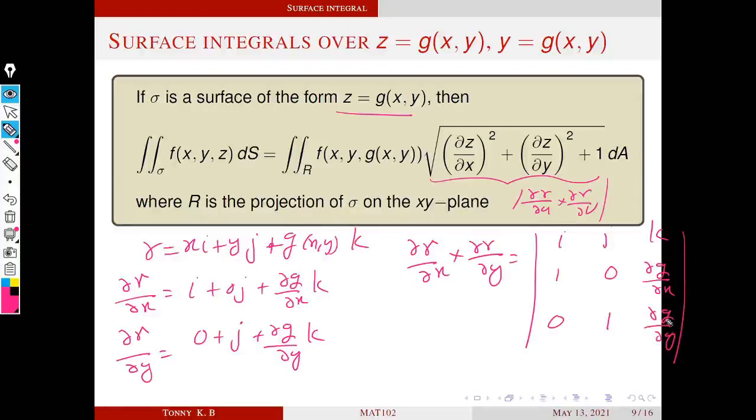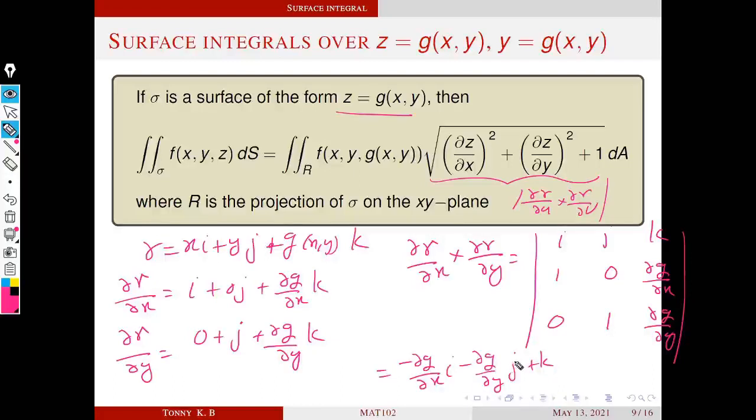By expanding this determinant using the first column, which is better because one term is 0, you get −∂g/∂x i − ∂g/∂y j + k. Anyway, you can expand this in any order, no problem. So this is the cross product.